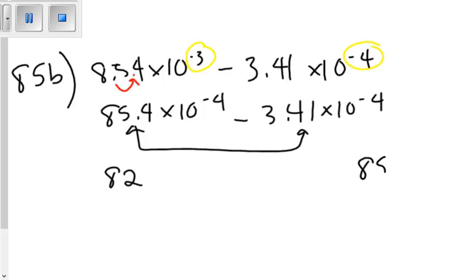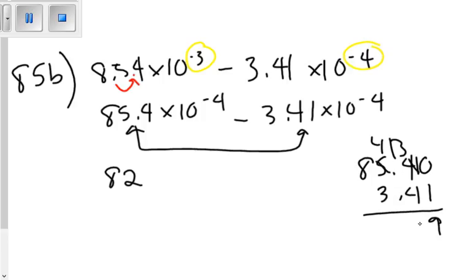Okay, let's see, 85.40 minus 3.41, that's 81.99. Okay, so if it's 81.99, how many significant figures can I have?